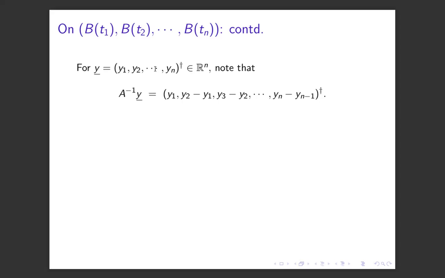For such an arbitrary point in Rn, note that A inverse applied to y bar has the first coordinate y1, the second coordinate y2 minus y1, the third one y3 minus y2, and the last one is yn minus yn minus 1. So for any vector y, we can find A inverse y. That's precisely this.